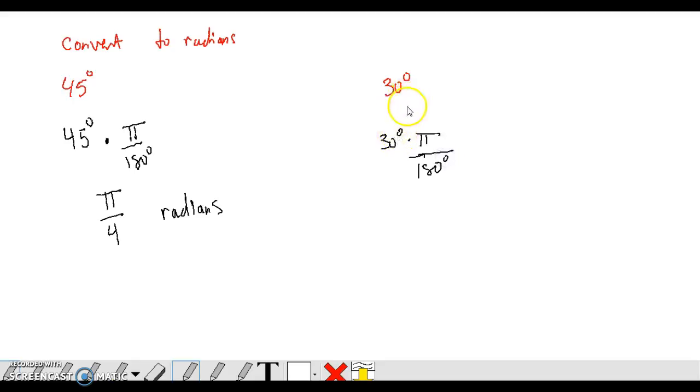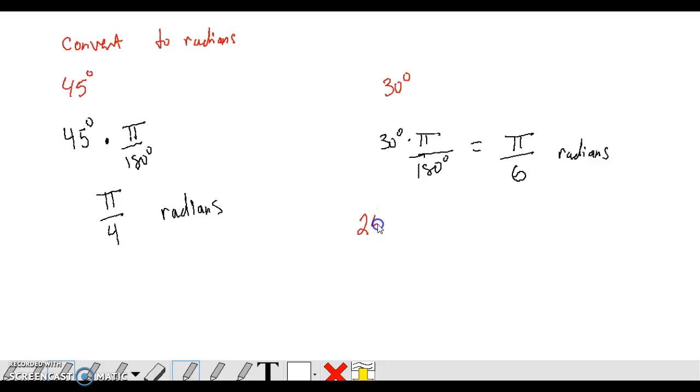Again, this is going to be a lot smaller than 1 radian. My zeros are going to cancel out. 3 goes into 18 6 times. So this will be pi over 6. And again, with radians, if we don't have the degree symbol, we are always going to assume that we are dealing with radians.